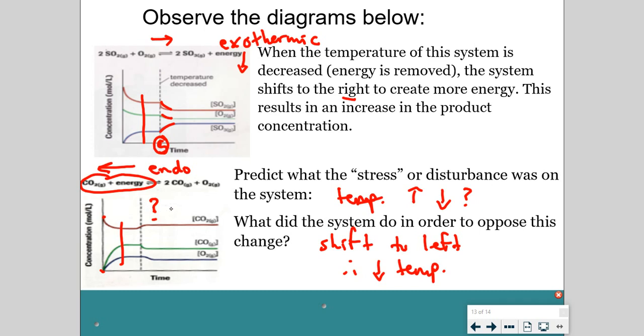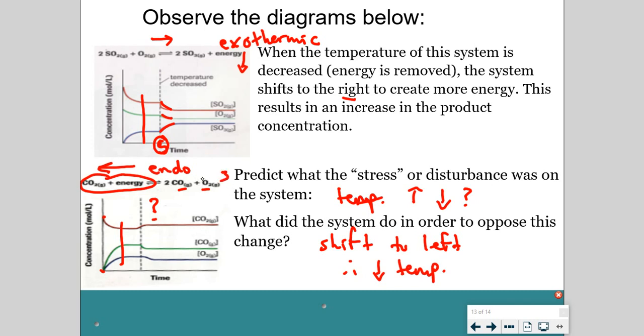What else could happen here if it weren't a temperature change, rather a chemical change? If you're shifting to the left, it could have been that you increased concentrations of your products, either carbon monoxide or oxygen gas. So then to decrease that, you would move to the left. That could be a change. You could have also changed pressure. Let's see here, 2 plus 1 is 3.